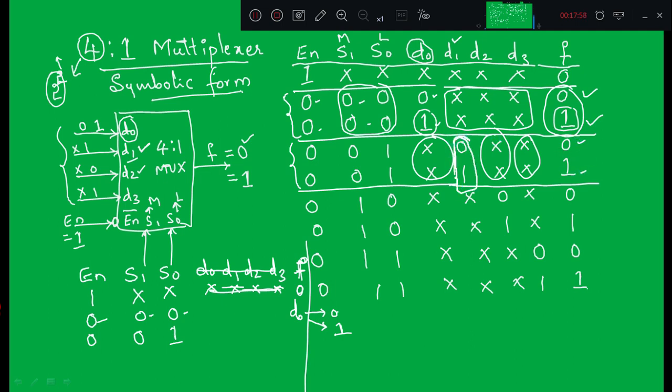D1, right? Output will vary according to D1. That means when the select lines are 0 1, then F is equal to D1, right? If D1 is equal to 0, then you will get F equal to 0. If D1 is equal to 1, then F is equal to 1, right?